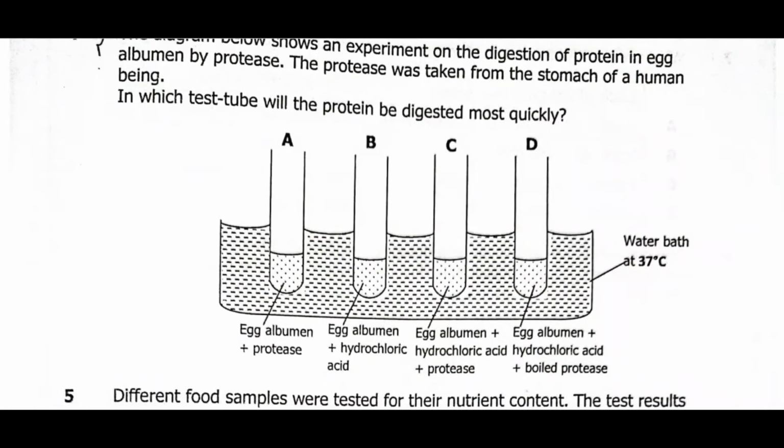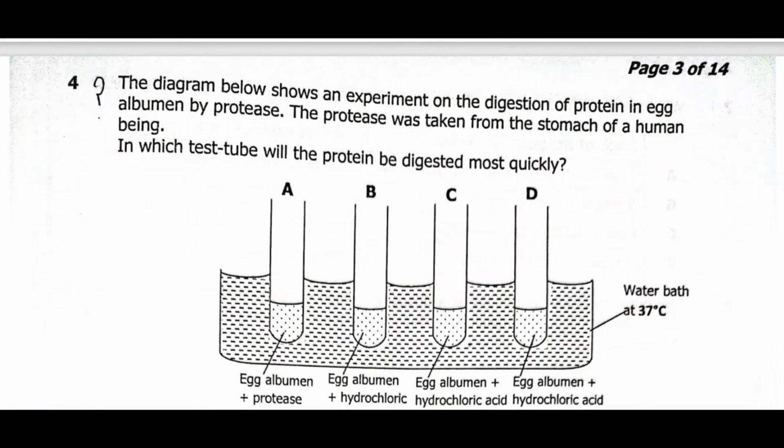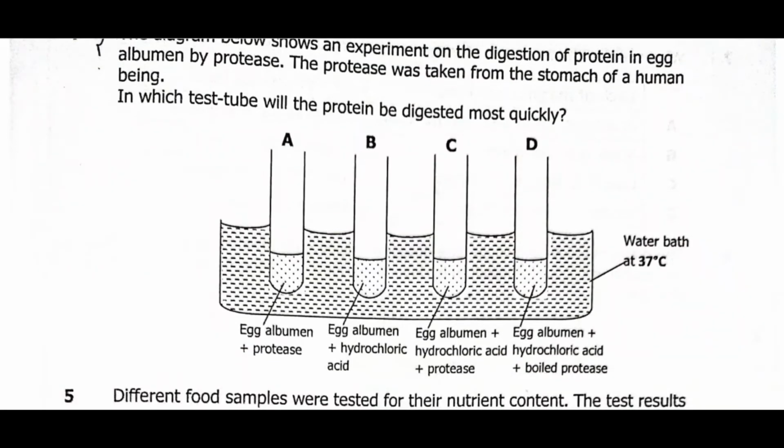Then we'll have question 4. The diagram below shows an experiment on the digestion of protein in egg albumin by protease. The protease was taken from the stomach of a human being. In which test tube will the protein be digested most quickly?